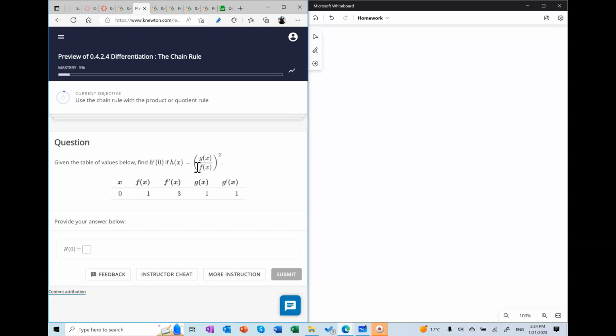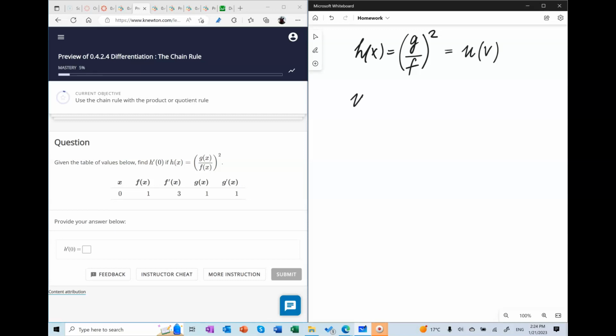We have a function defined by a table, and here we have h of x given as the quotient squared. So if we want to see it as a composition of two functions, and we cannot use f and g because f and g is already used, I'll use u and v.